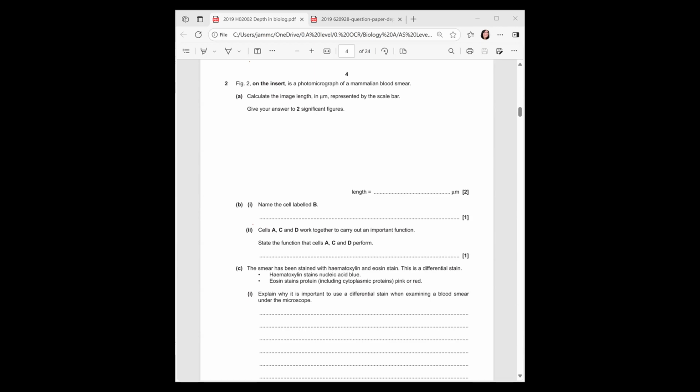Okay, so for this question, I wanted to look at the 2019 paper, and it's the AS paper, which is part of the content which you will actually need to know for the AS part of the course, but also the A-level part of the course.